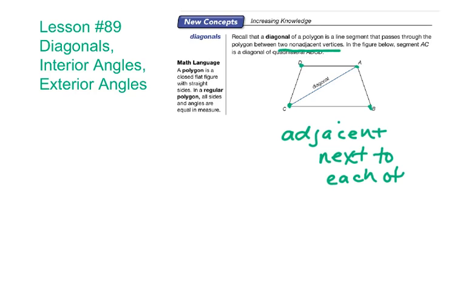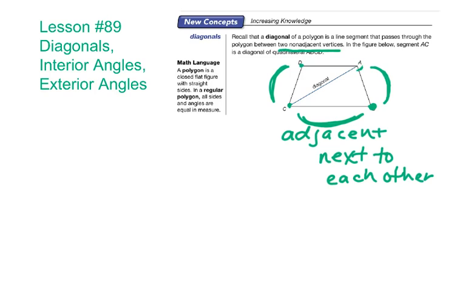So the adjacent vertices would be like A and B are next to each other, okay? So these would be adjacent. These right here would be adjacent, and these right here would be adjacent because they're all next to each other, okay?